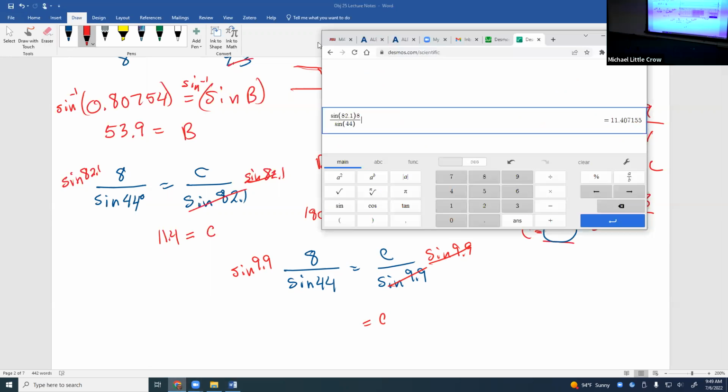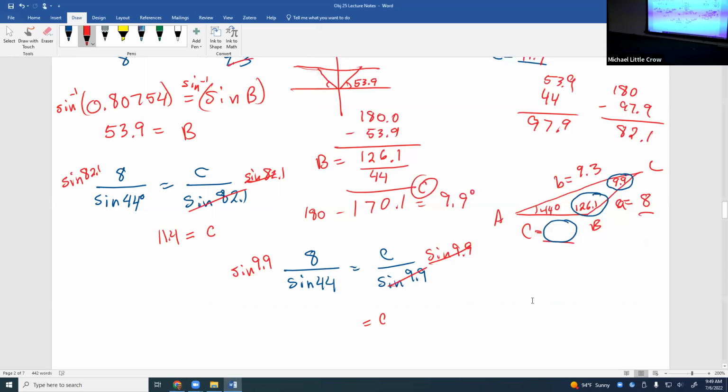The nice thing is in our calculator, we can just change that up here. 9.9, and we get that c is now 1.98, rounding to one decimal place, it's going to be 2.